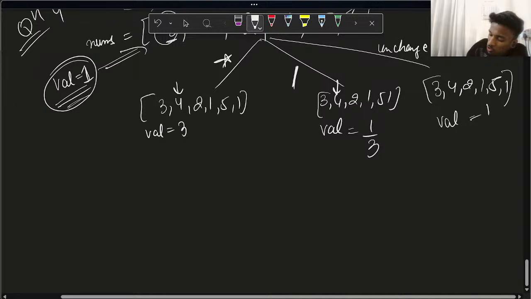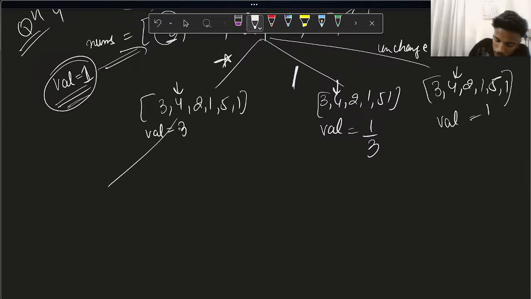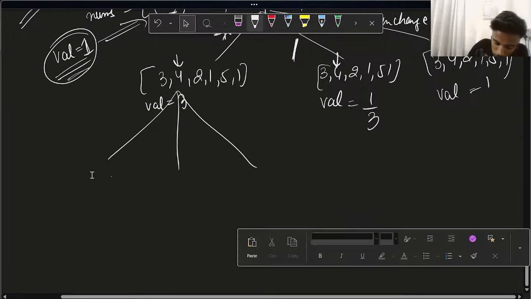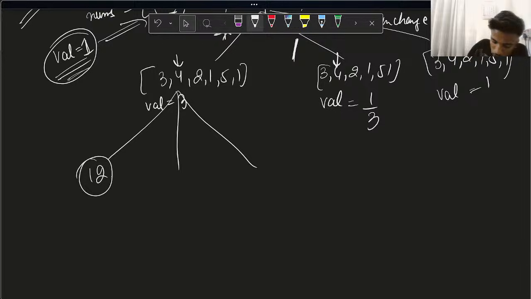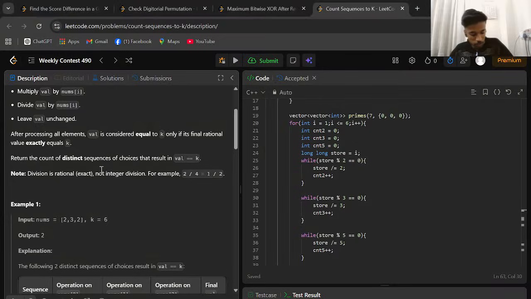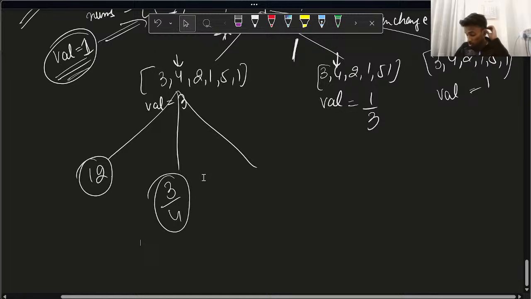Now let me explain this case. Again I have three choices: multiply, divide, or leave it unchanged. If I multiply, it becomes 12. If I divide, it becomes 3 by 4. Take care, this division is not floor division.